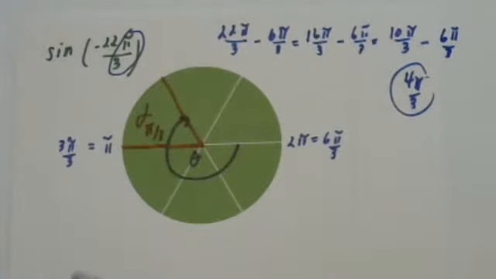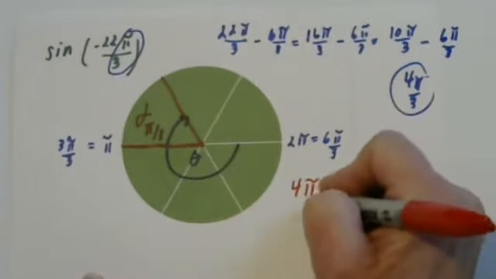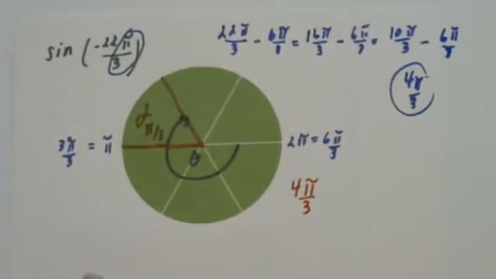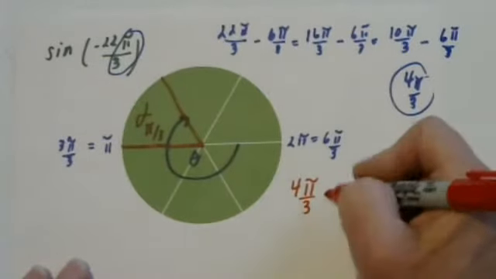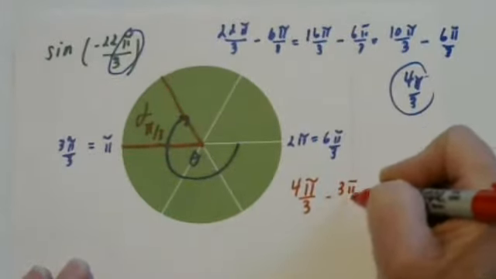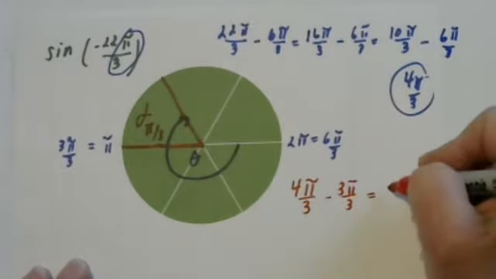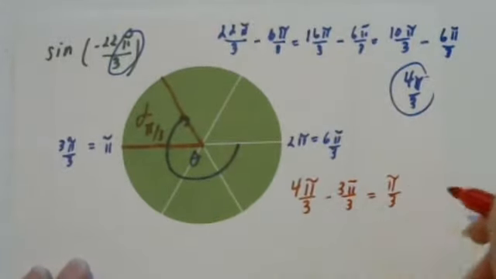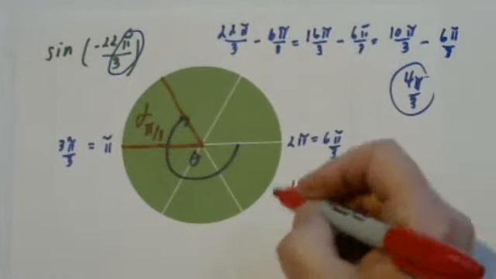Algebraically, we would be able to arrive at that same information by taking our angle of 4 pi over 3 and then subtracting out the pi, subtracting out the x-axis, which is going to be 3 pi over 3. 4 pi minus the 3 pi is pi over 3, which is our alpha, our reference angle.